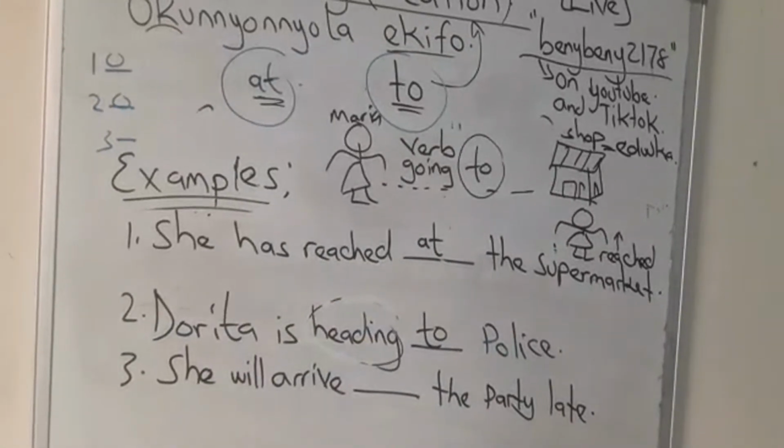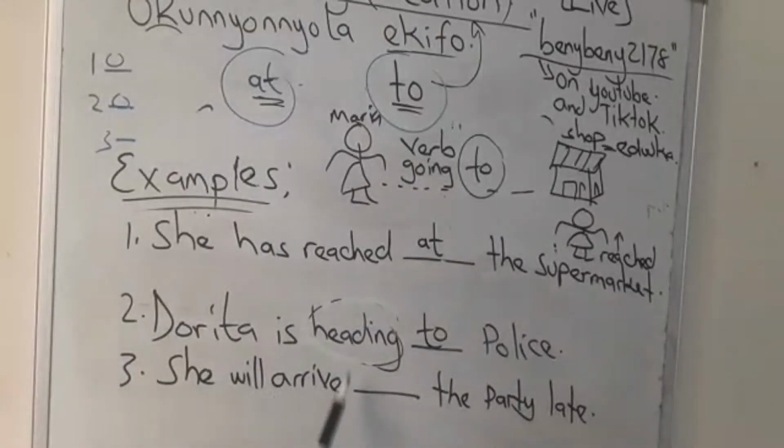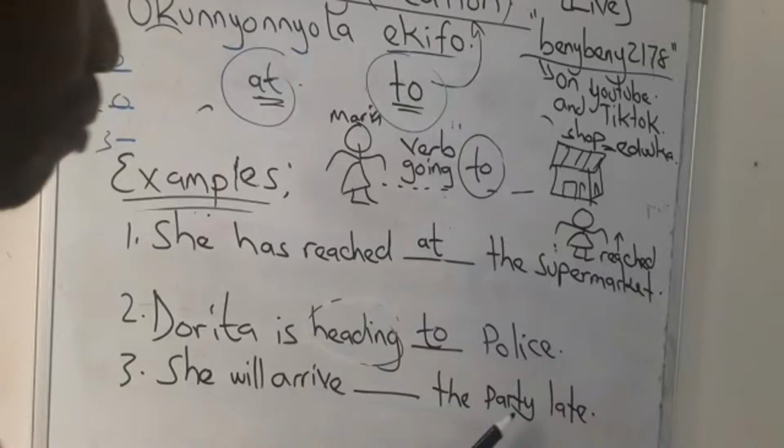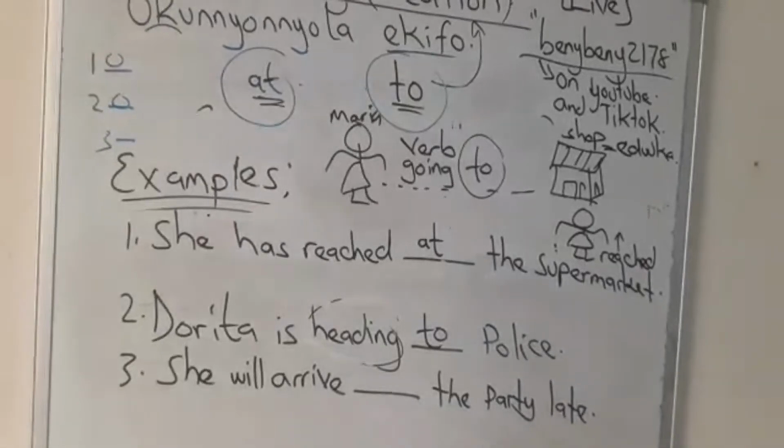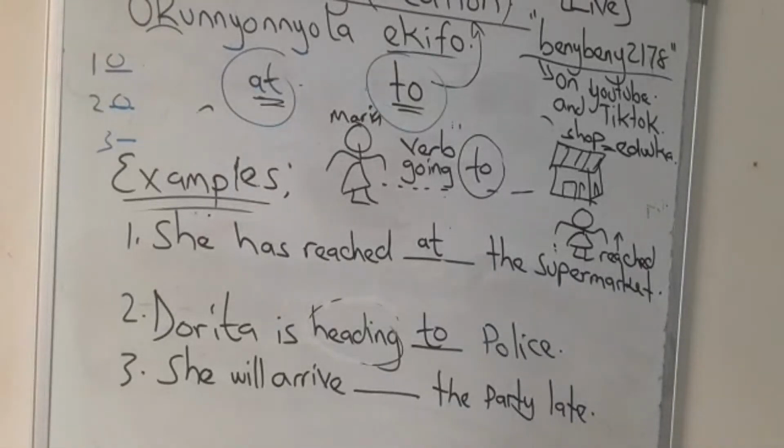Beautiful. The third example, it's going to be, she will arrive dash the party late. Try that answer. Number 3, what is the answer here? She will arrive dash the party late.